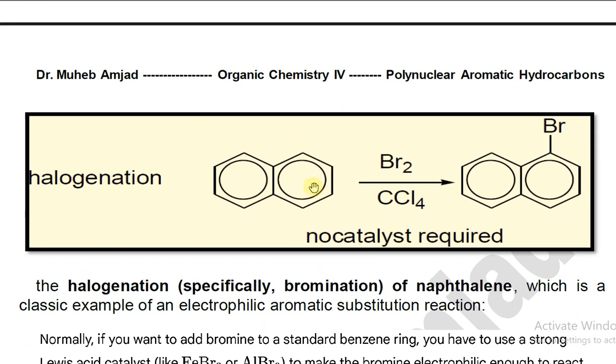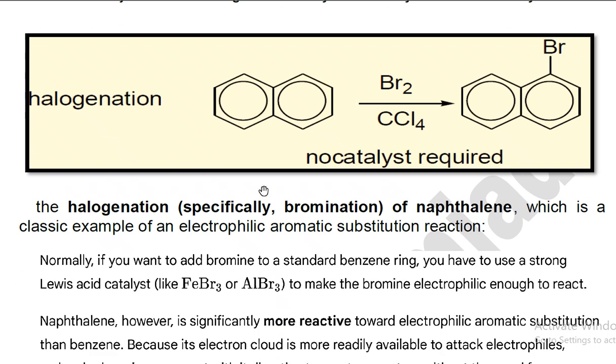Here is halogenation again: no catalyst is required for the halogenation. In the bromination of naphthalene, a classical example of an electrophilic aromatic substitution reaction, normally if you want to add bromine to standard benzene, you have to use a strong Lewis acid catalyst like FeBr3 or AlBr3 to make bromine electrophilic enough to react.